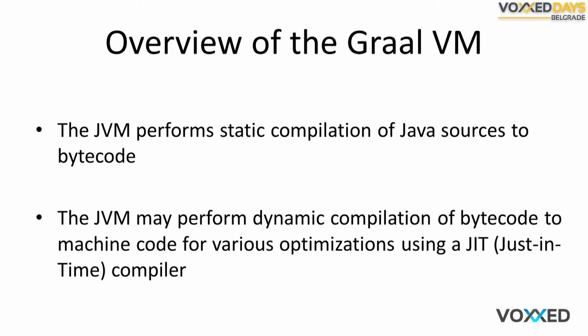In case, for example, the virtual machine decides that this compiled code is not very optimal, it can de-optimize it back to bytecode. So this is basically the difference between static and dynamic compilation. And the JVM performs this quite well. It introduces a lot of performance improvements over this process, which have been added over the years.